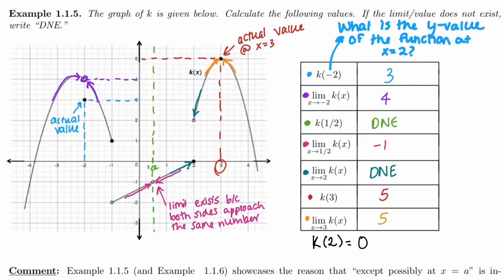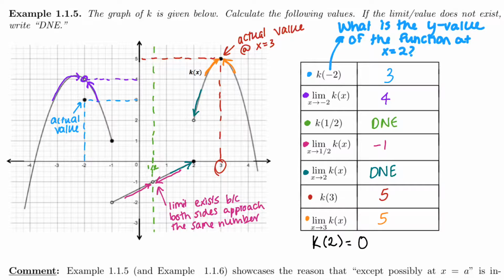So in some cases, the function is defined there, but the limit is different than the actual y value. In this case, the y value was 3, but the limit as x approached -2 was 4. Sometimes the function itself doesn't exist, but the limit does.